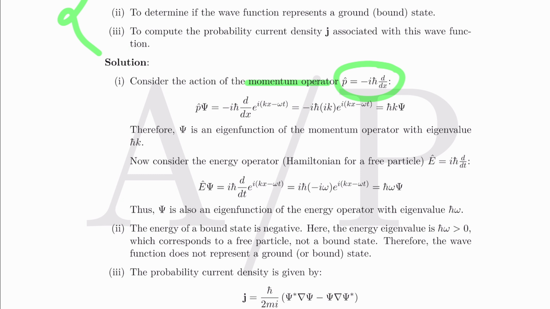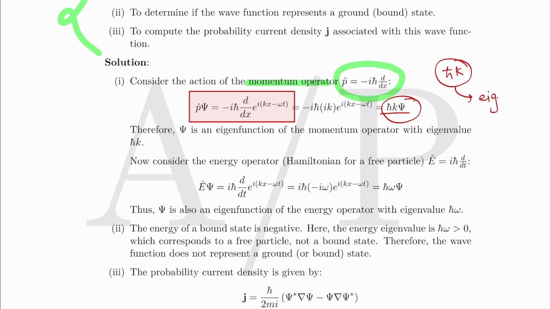When you operate that particular wave function with this momentum operator, you are going to get h bar k and then the wave function itself. That means this h bar k is the eigenvalue, and obviously the wave function is the eigenvector.